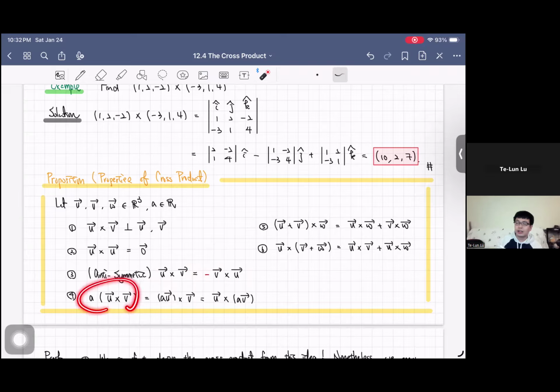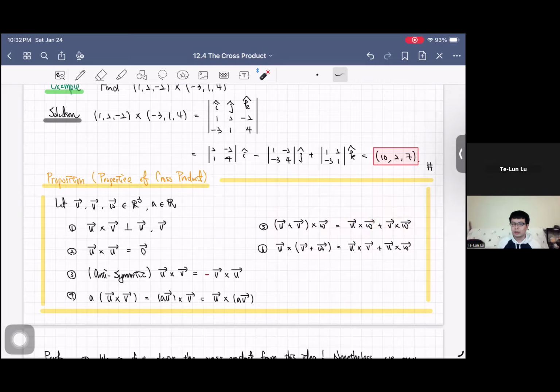The rest of the properties 4, 5, 6 are quite natural following the definition. So similarly as dot product, the scalar multiplication can be moved everywhere. For example, you can take the cross product first and then the scalar multiplication, or you do the scalar multiplication and then the cross product, and so on and so forth. You also have several distributive laws. If you take the vector addition first, and then you take the cross product, it is the same as if you take the cross product first and then do the vector addition.